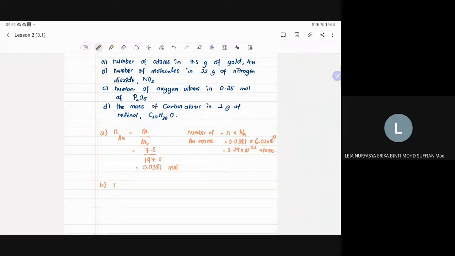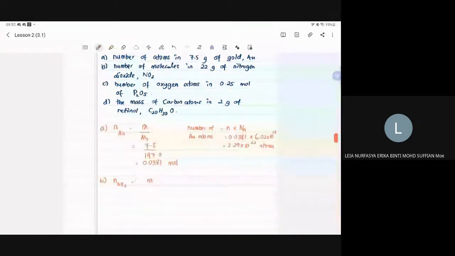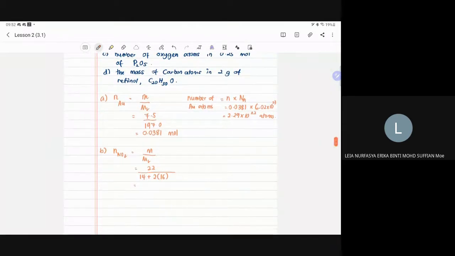So number of mole of NO2 equals to mass over MR. Mass dia adalah 22 gram and the MR is nitrogen dioxide NO2, N adalah 14 plus O2, 2 kali 16. And you should get 22 divided by 14 plus 2 times 16.